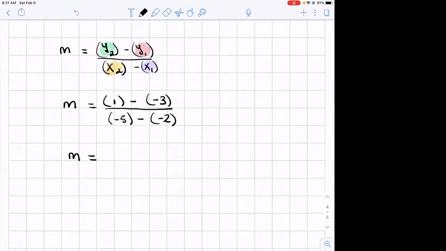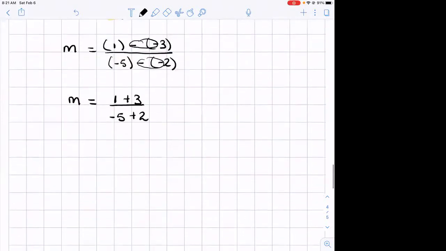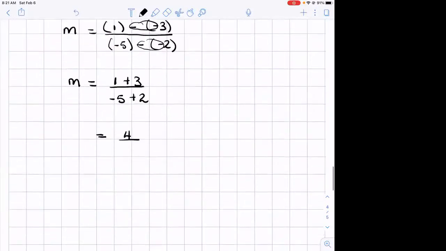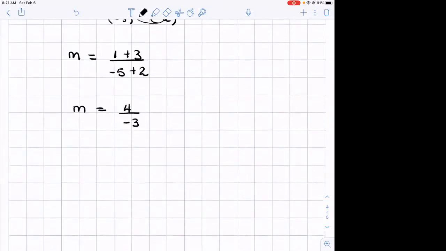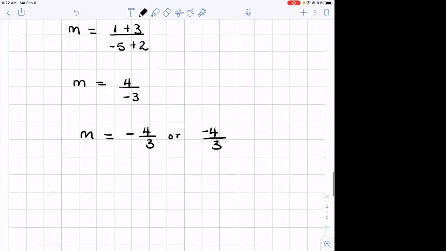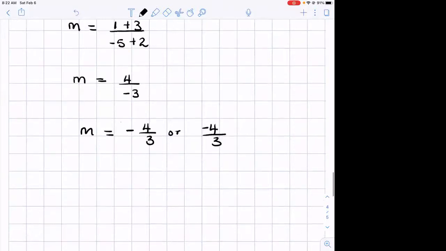Simplifying this, we have 1, these 2 negatives will become positive, divided by -5, these two negatives become positive. And this is now equal to 4 over -5 plus 2 is -3. And as we said before, generally we don't leave the negative in the denominator. We either put it on the outside or we write -4 over 3. Okay, so here our slope is a negative.